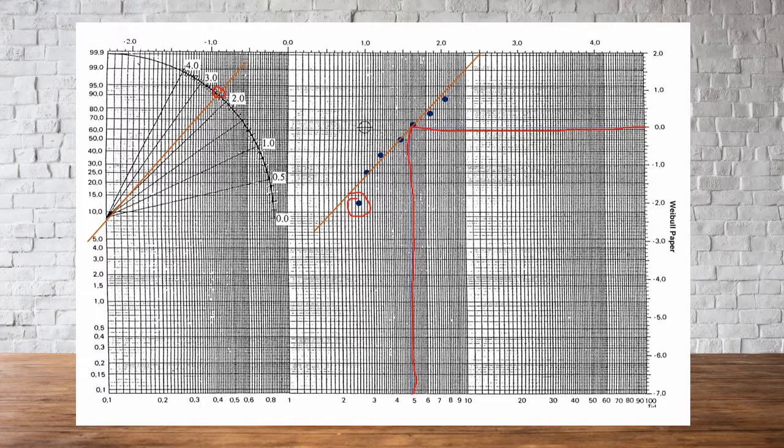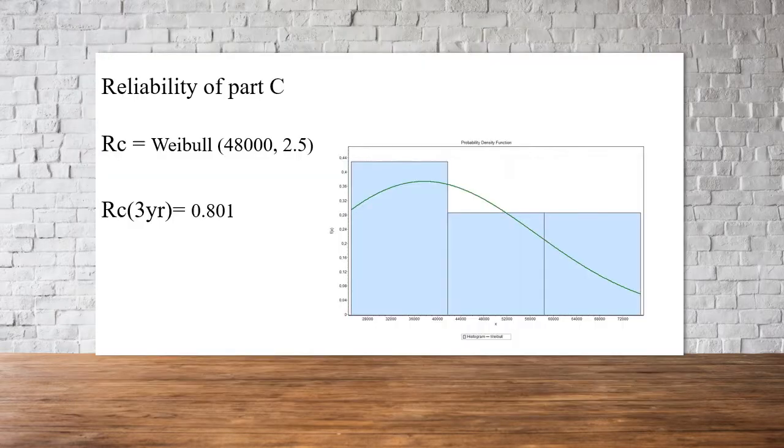So based on this line and this Weibull paper, we can estimate the alpha and beta parameters. By that Weibull paper, we come up to these parameters, 84,000 for alpha and 2.5 for beta. And if we calculate the reliability for 3 years from the formula that we have, we come up to 80% reliability for 3 years.